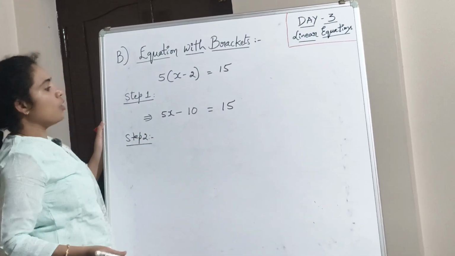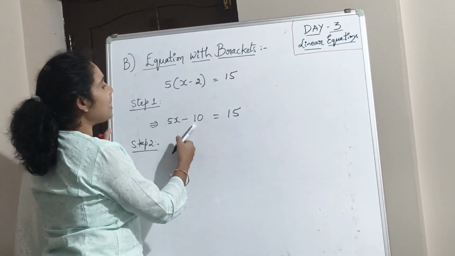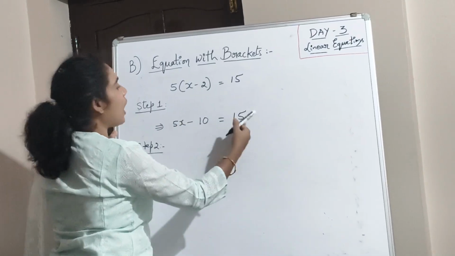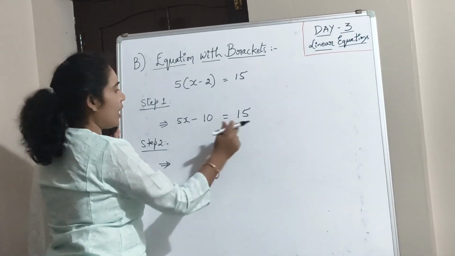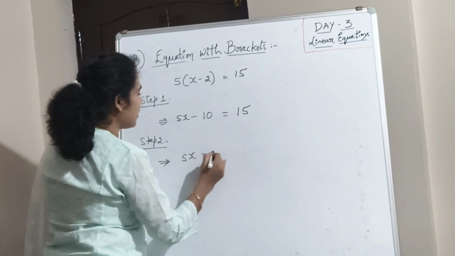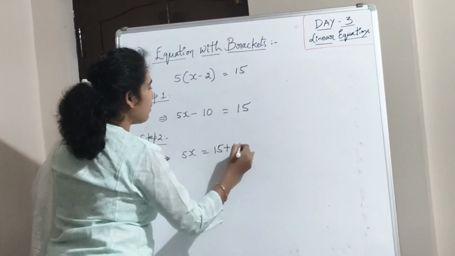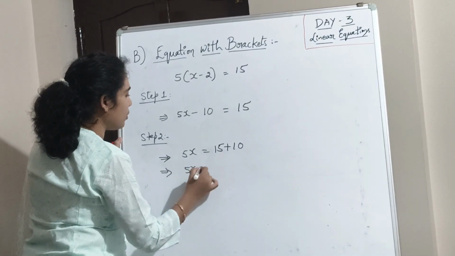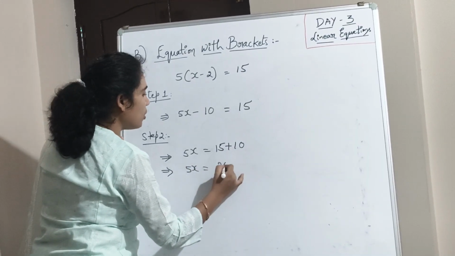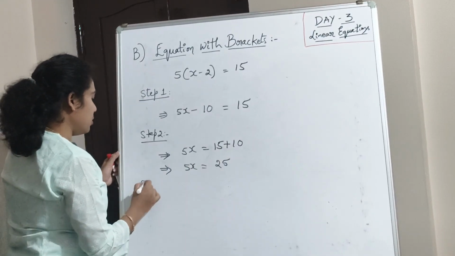Step 2. Now move this minus 10 from the LHS to the RHS. When minus 10 moves to the other side, it becomes plus 10. So 5x equals 15 plus 10, which is 25.